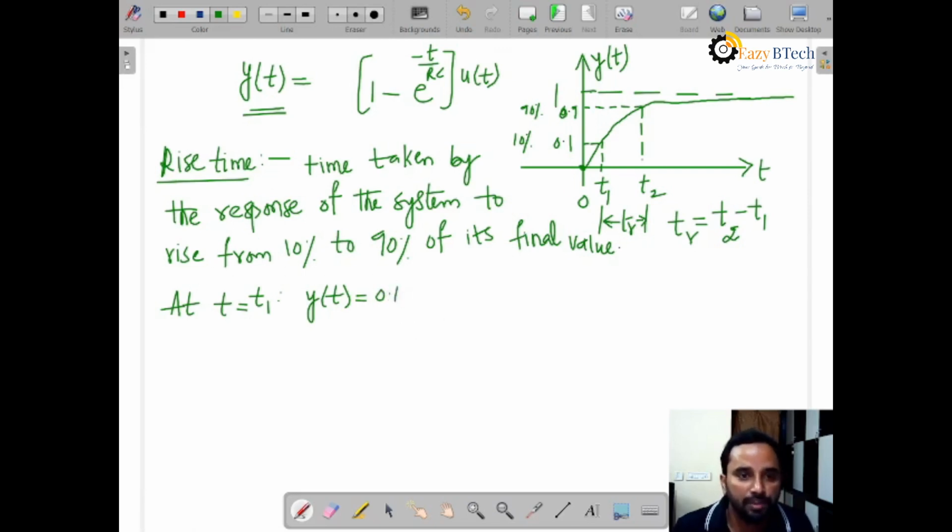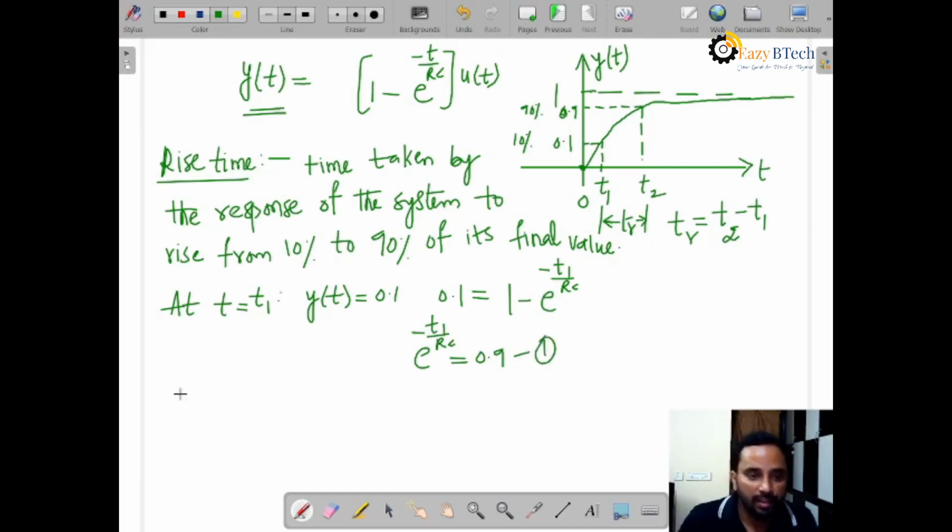So we substitute this in y of t: 0.1 is equal to 1 minus e to the power minus t1 by RC. Simplifying, e to the power minus t1 by RC is equal to 0.9. Let us call this equation 1.